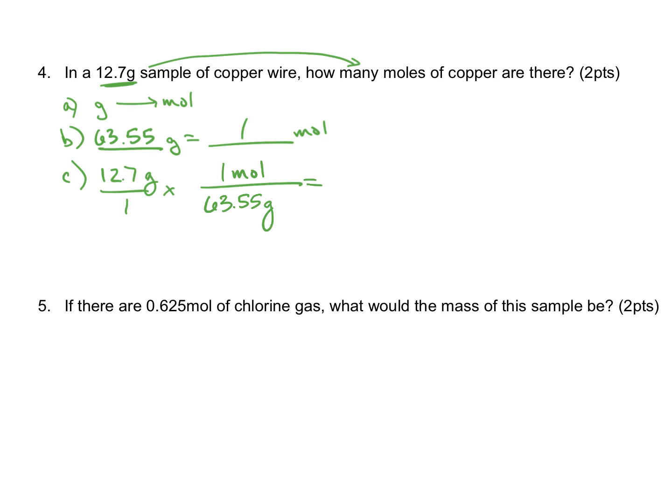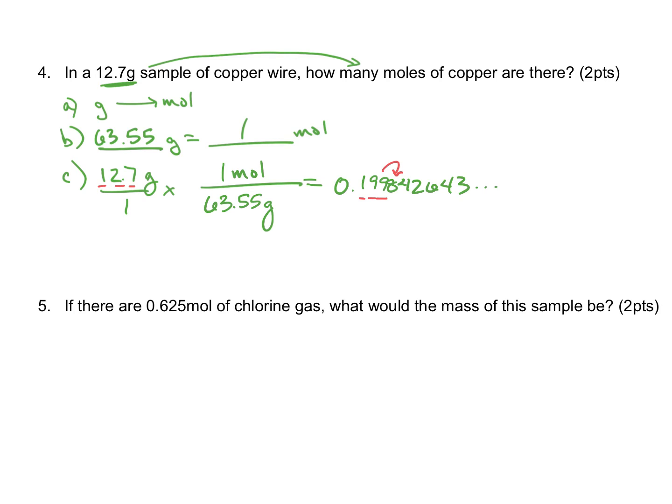It's going to give you an answer of 0.199842643. That's what would show up on the calculator, but since we have only 3 significant figures, we have to look at the third significant figure and round based on the number after that.